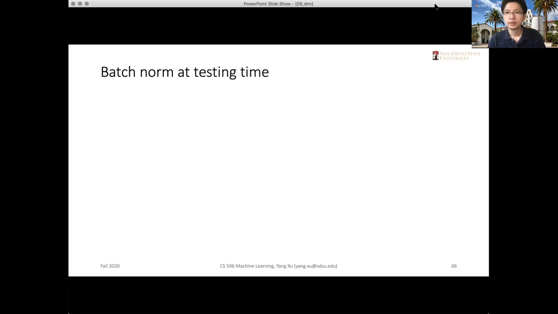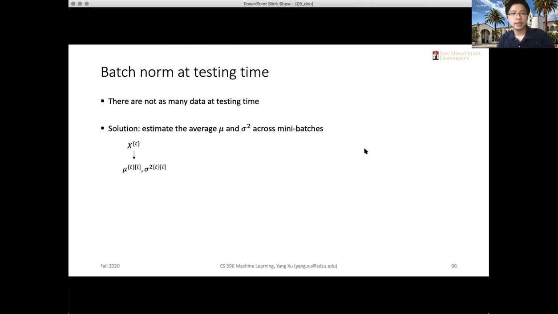Okay, one last point about batch norm I'd like to cover is how to apply batch norm at testing time. In training time, when one mini batch comes in, we compute the average values. We compute the z bars using all the data points in the current mini batch.